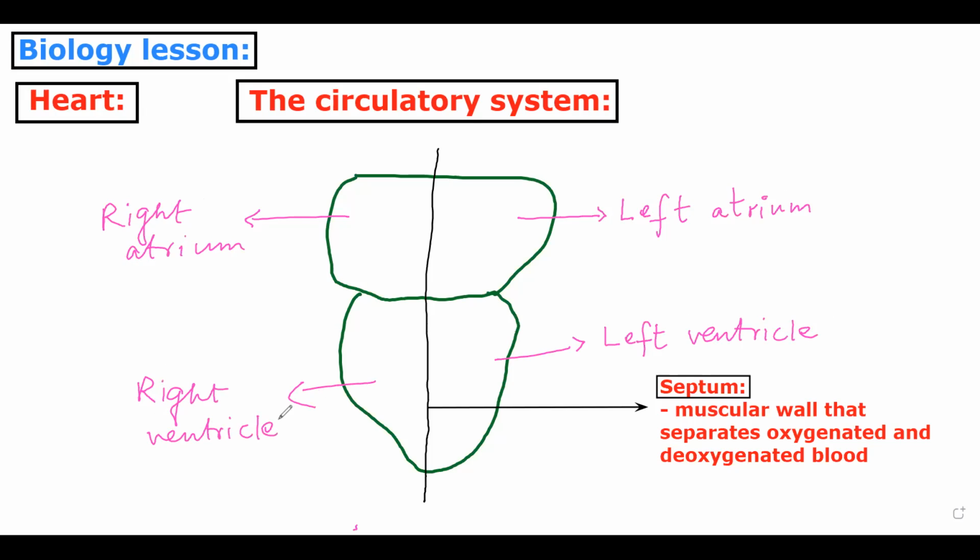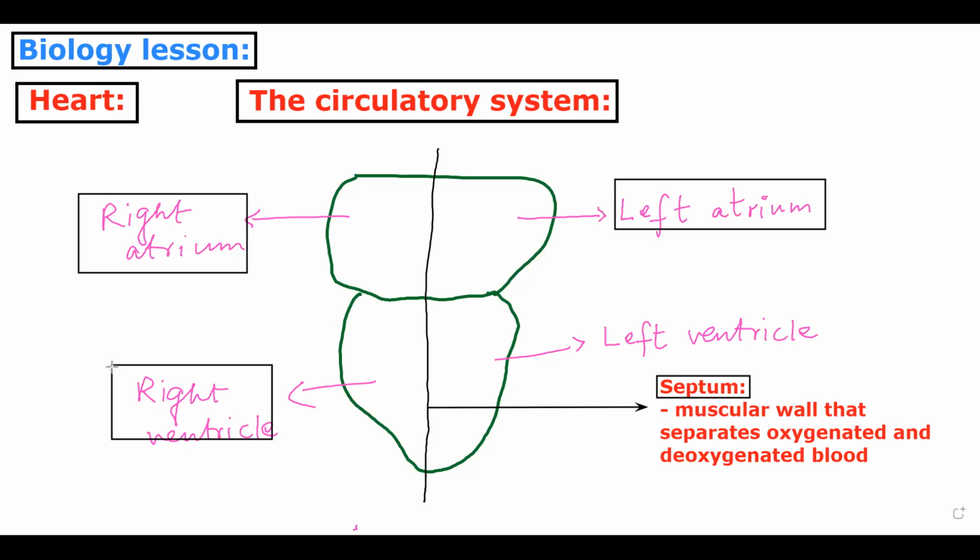This is the main overview of the heart, and as we go further, we will be talking more on it. Now we know the 4 main chambers: left atrium, right atrium, right ventricle, left ventricle, and there is the septum, which is separating oxygenated and deoxygenated blood.